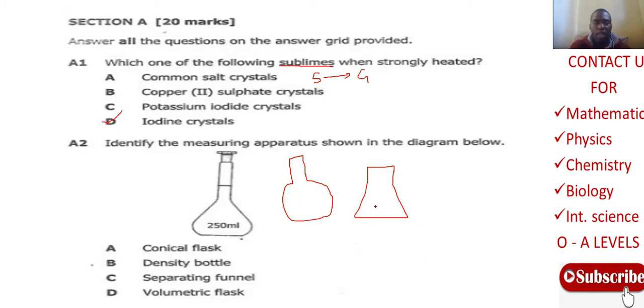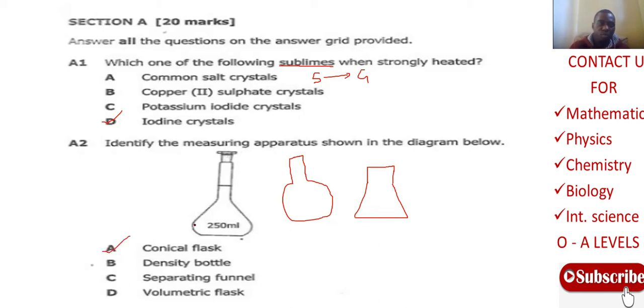Together they are known as volumetric flasks, and their general function is preparation of standard solutions. Standard solutions are solutions whose concentrations are known. It is just based on you recognizing them by their shape, and you can easily recognize that this one is a conical what?